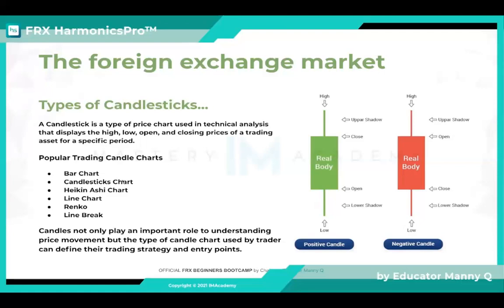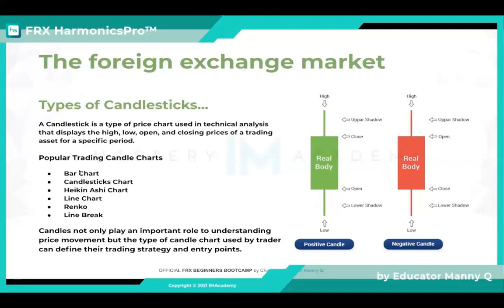Now, the second type of popular trading candle chart is the typical candlestick, which is what you see right over here, right? It gives you a very clean reading: the high, the low, the open, the close, and signaling the body of the actual candle.